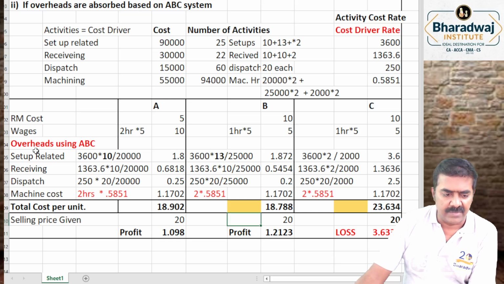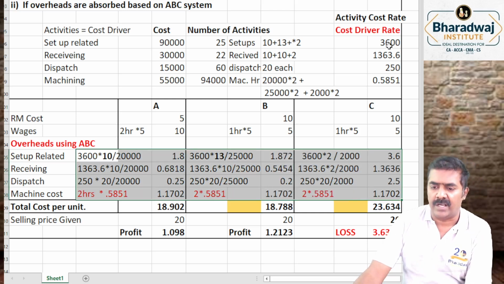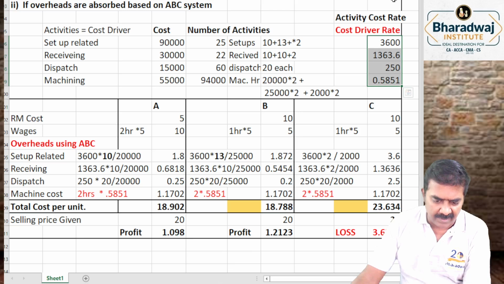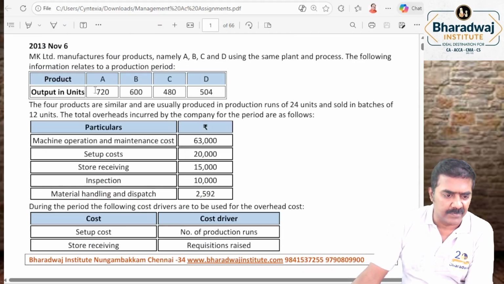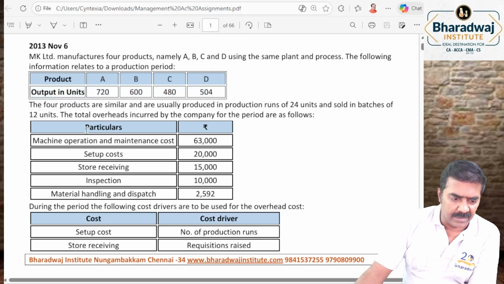How will you work out the cost of each product? Simple. How much activity consumed by each product, multiplied by the rate, will give you which one? Cost of each product. You can find any question based on the activity-based costing system like this only. Output for how many units is given? 5 products are given. They are given different activity costs.